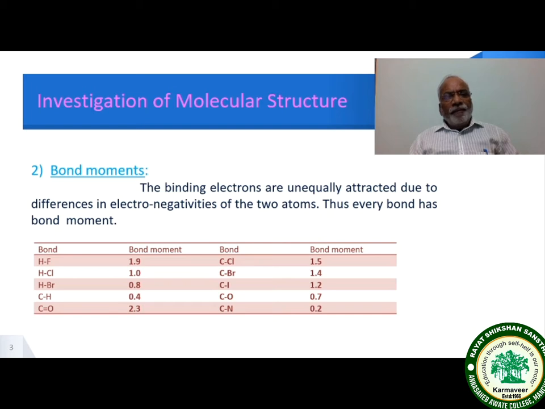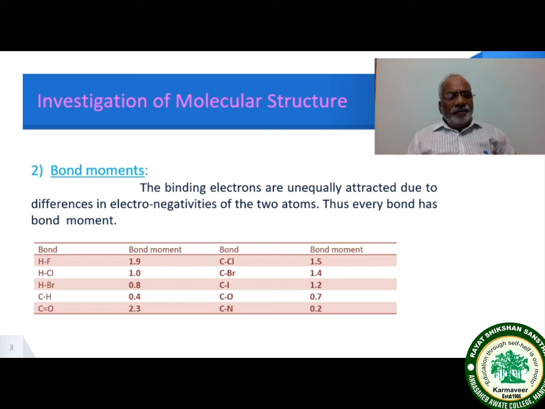For example, these are obtained due to the differences in the electronegativity values of the two atoms in the diatomic molecules as well as in the polyatomic molecules.